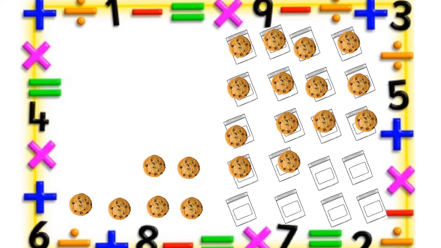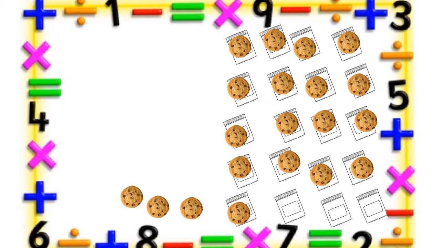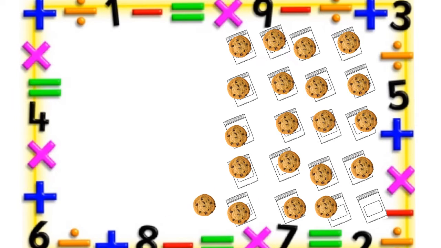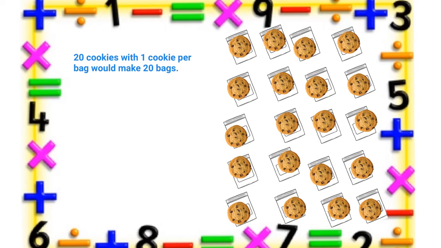If I put one cookie in each bag, then it's going to take 20 bags because I had 20 cookies. So 20 cookies with one cookie per bag would make 20 bags that I can sell at the bake sale. In other words, 20 divided by 1 equals 20.